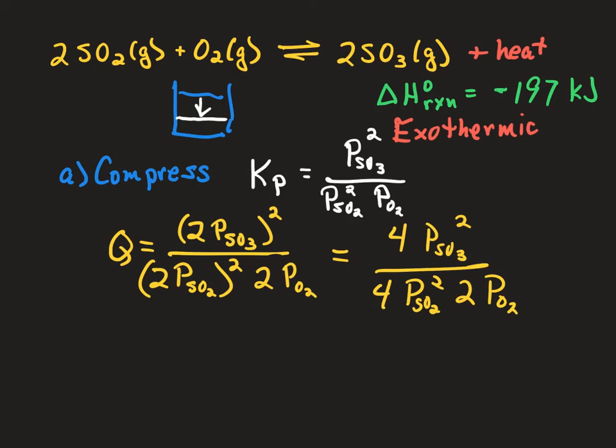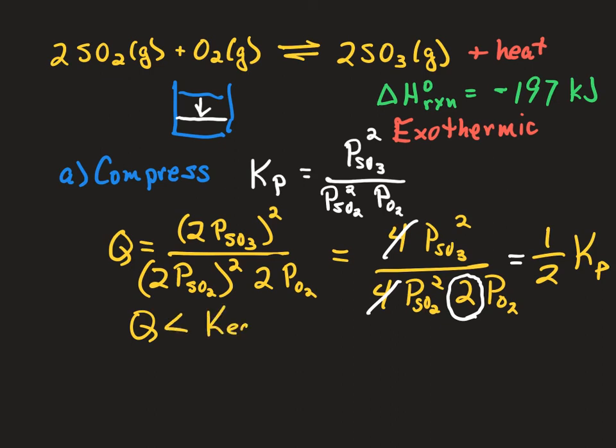Well, here we go. We've done our math. 4 divided by 4 takes itself out. But we've still got this 2 here. And so the rest of this are the terms of our equilibrium constant. So our Q is equal to 1/2 of our equilibrium constant in pressure terms. That is, Q is less than the equilibrium constant.